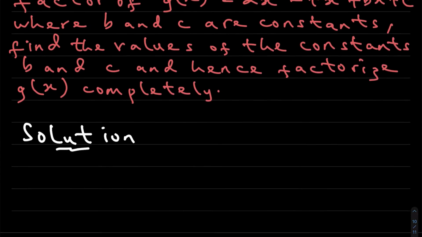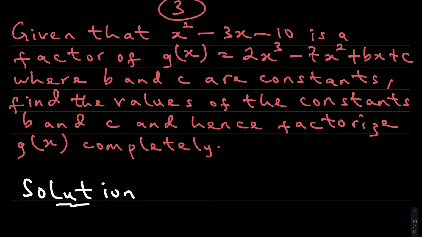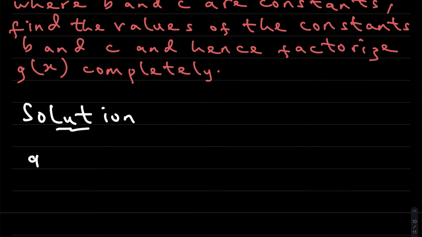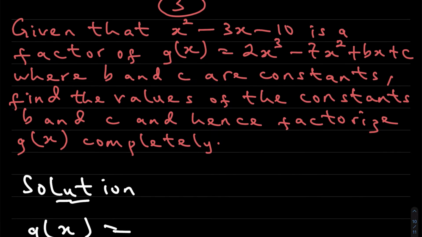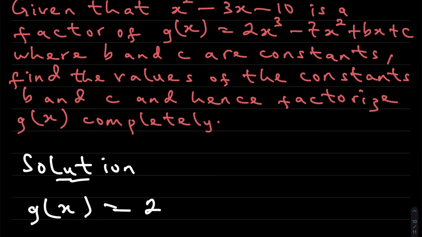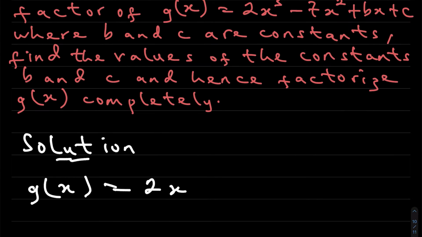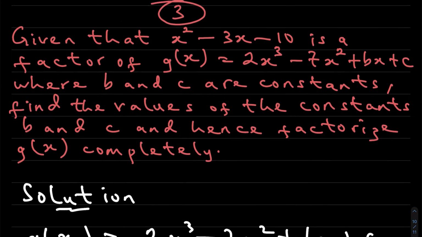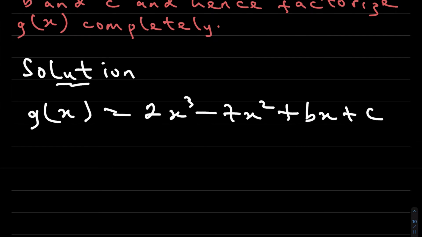Now, x squared minus 3x minus 10 is a factor of g of x. Let's write g of x first of all. g of x is 2x cubed minus 7x squared plus bx plus c. And x squared minus 3x minus 10 is a factor of it.